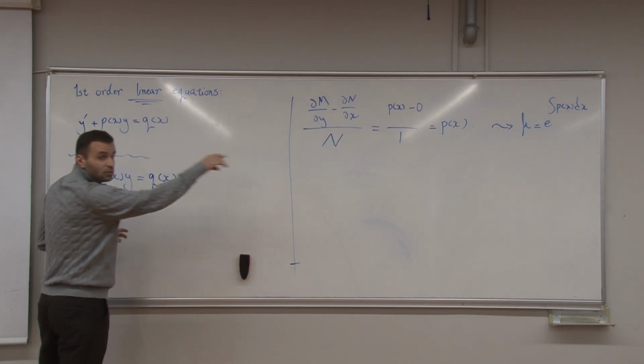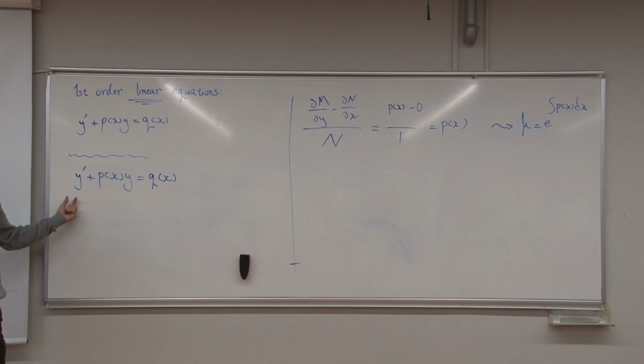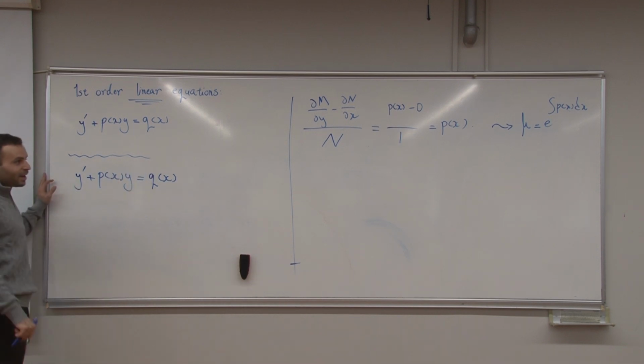So let's go back to it and try to see what's happening. You said that you're going to multiply it with something, right? You see where it is coming from? Step by step. Anyhow, if you multiply this equation with that, then what's going to happen?